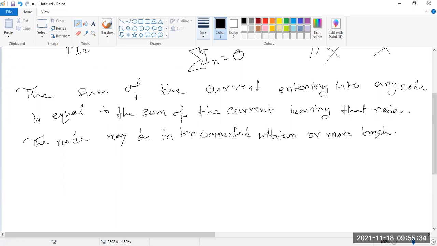So this is the statement. In any parallel circuit, the node is a junction point of two or more branches. The total current entering into a node is equal to the current leaving that node. So the summation of all incoming current and outgoing current is zero. This is the main topic.